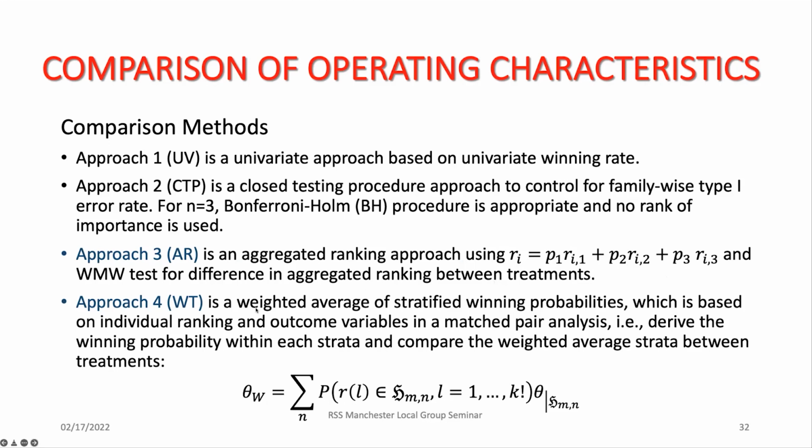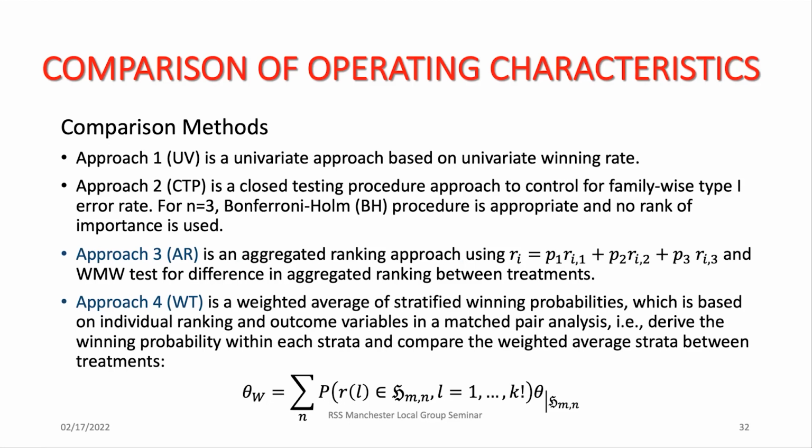The fourth one is called weighted average of stratified winning probability. The idea is that we stratify the patients. You can compute the winning probability for each stratum, and then you aggregate by their proportion in the population.